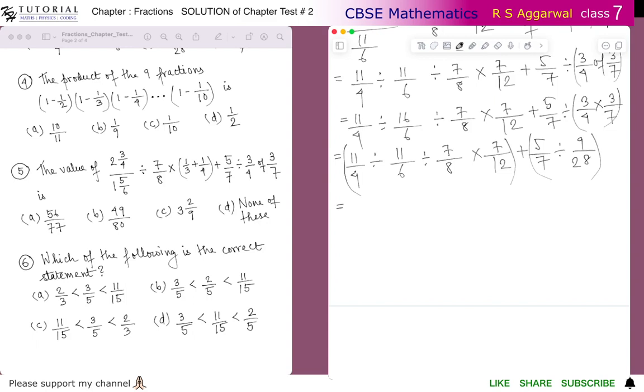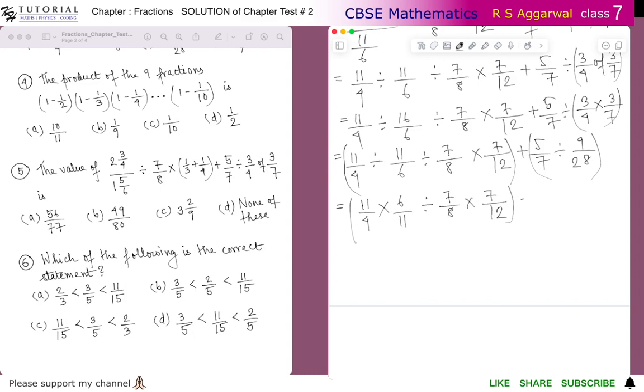So basically what we have to do now is this. Let's compute the expression inside the first parenthesis. So this becomes 11 by 4. 11 by 4 divided by 11 by 6 is 11 by 4 multiplied by the inverse of 11 by 6, that is 6 by 11.